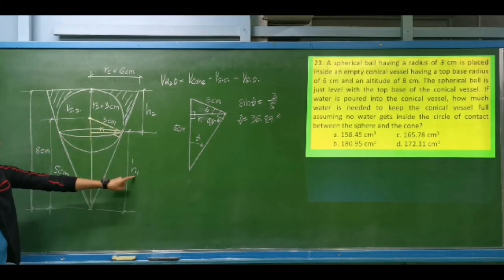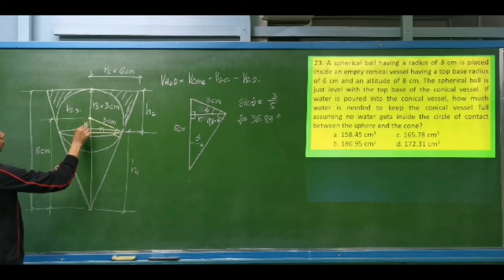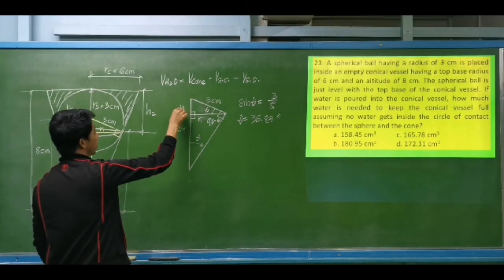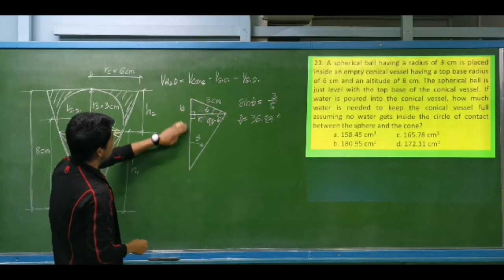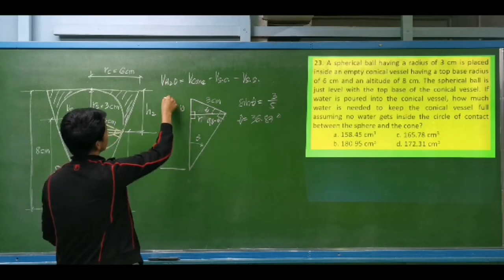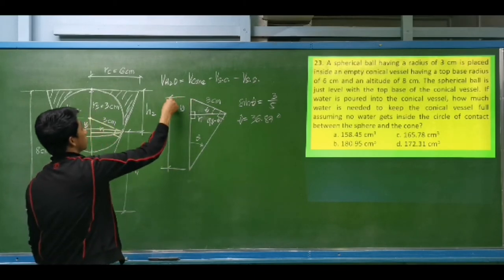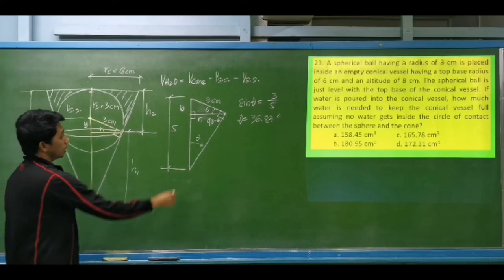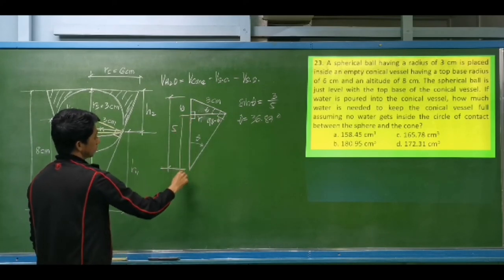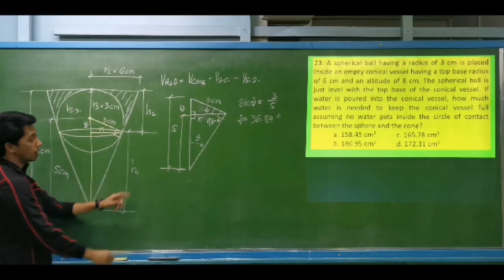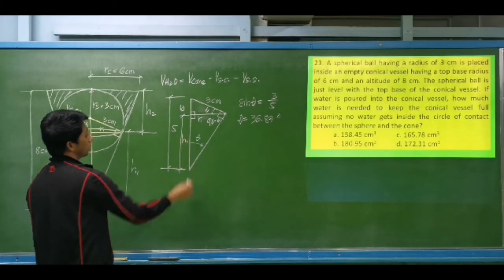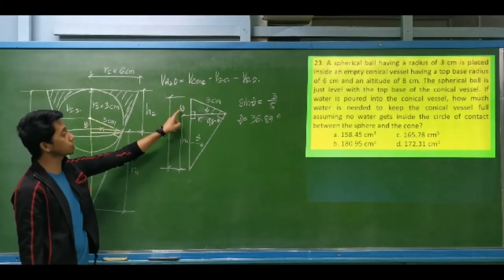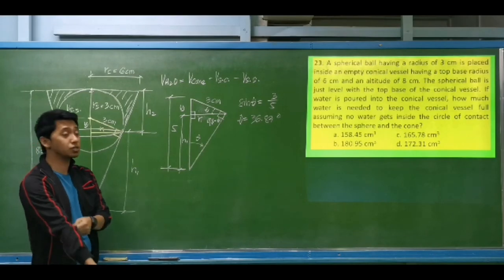Paano ba natin kukunin si h1? Kailangan natin yung distance y na to. Ito yan, yung y. And, okay, yung distance na to naman is, this is 5. And, hanggang dito, ito yung ating h sub 1. So, kailangan ko lang ibawas si y. Paano ko rin si y? What function?